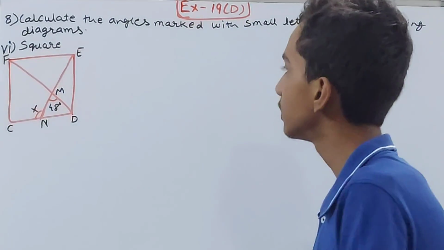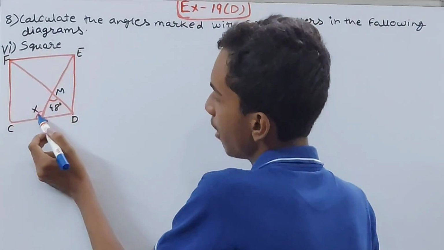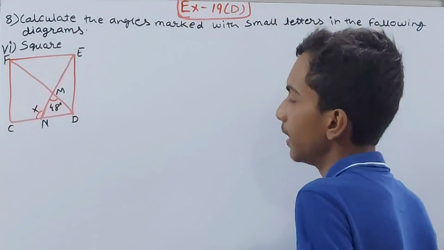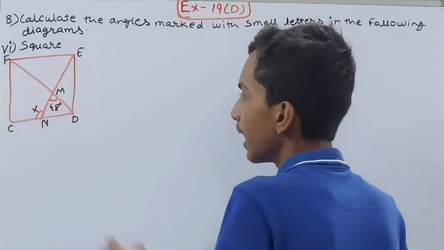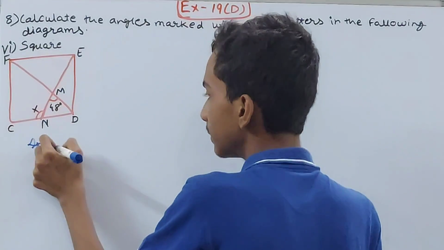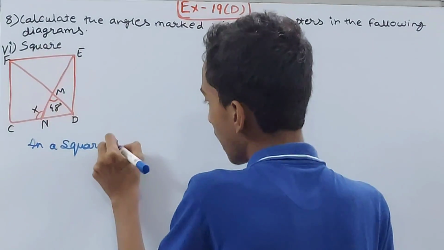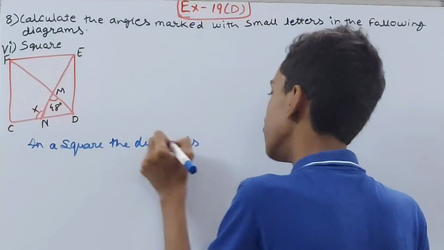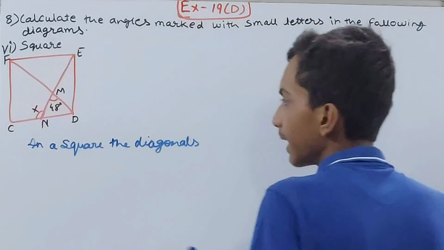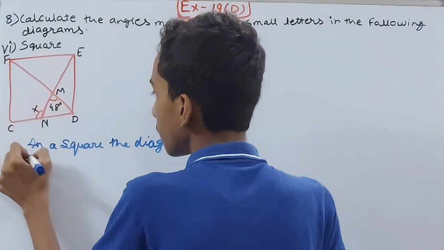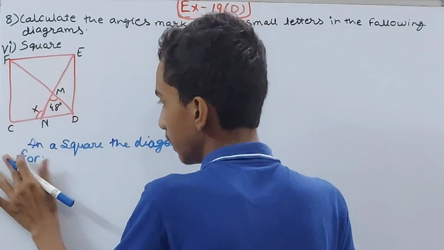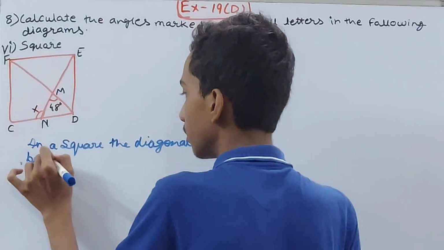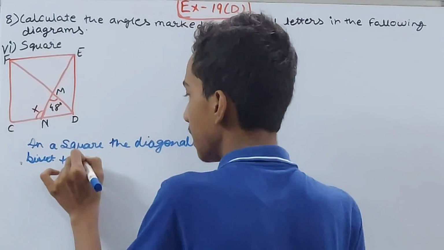Sixth part is again a square. You have to find out X. Angle NMD is given as 48 degrees. Let's look here. We know in a square the diagonals bisect the interior angles, right?